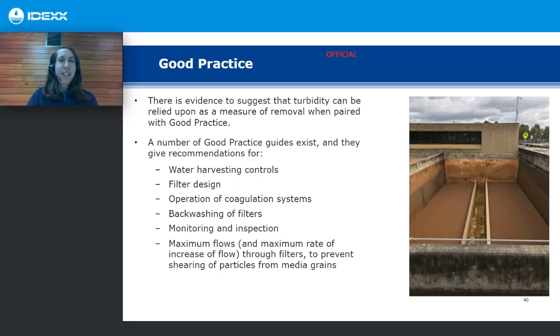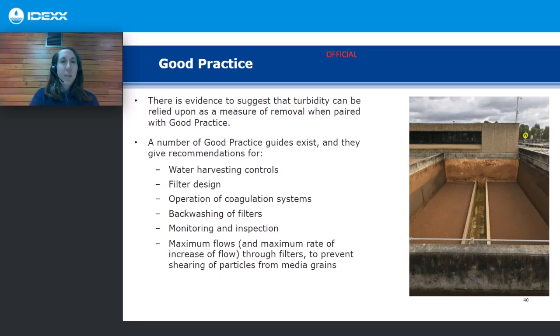So what we use instead is good practice. As I said, there's evidence to suggest that turbidity can be relied upon as a measure of removal, but only when paired with good practice. Good practice has been defined in different ways across different countries and jurisdictions, but there are a number of excellent guides, including from the American Water Works Association and Australian Water Association.